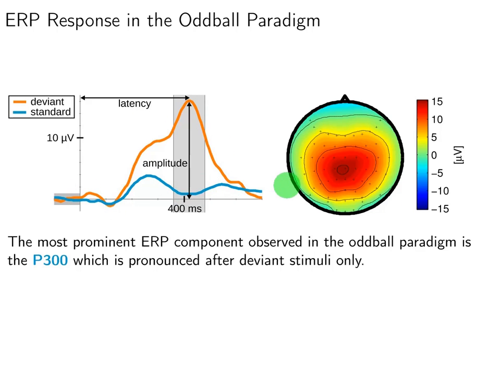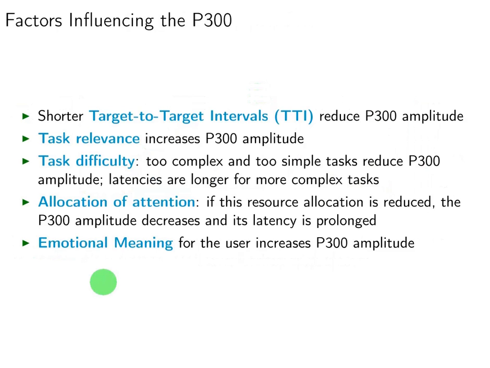But the thing here is that using the Oddball paradigm, we can get two different types of conditions that we can use for training our machine learning algorithms or classifiers. Nonetheless, there are factors influencing the P300 waveform.